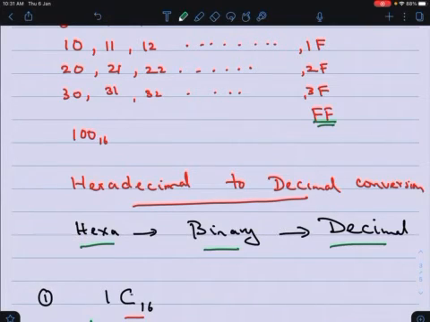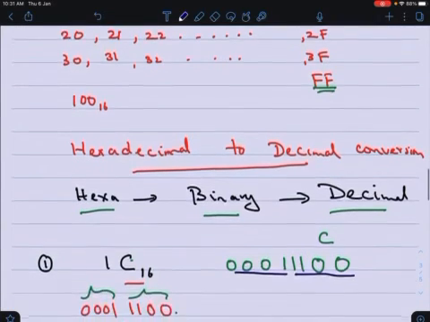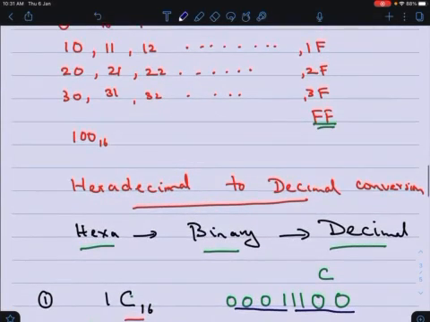A is 10, B is 11, and C is 12. So the binary equivalent is 1100 for C, and for 1 it is 1. Still, you should practice writing in 4 bits. The leftmost bit, if it is 1, you can just write. Now you just convert to decimal.